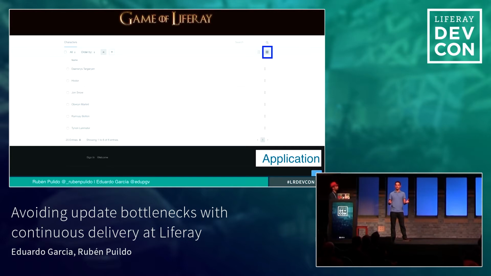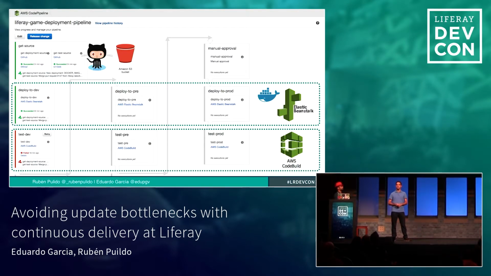And we are going to assume that the current version of our application displays a list of characters, and that we already have deployed this application into 3 different environments in AWS: development, pre-production, and production. Those environments are using Docker and Elastic Beanstalk. And we now want to push a change into that application.